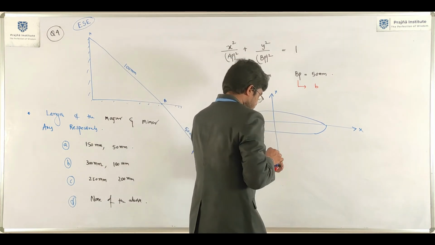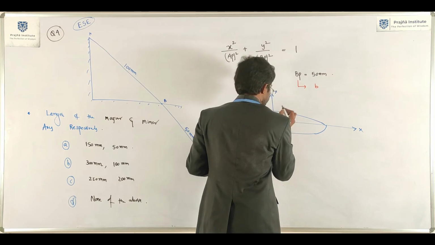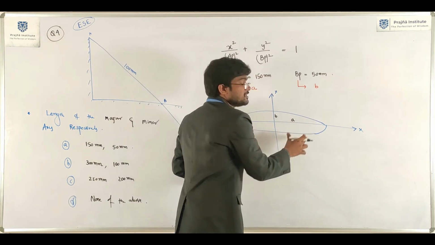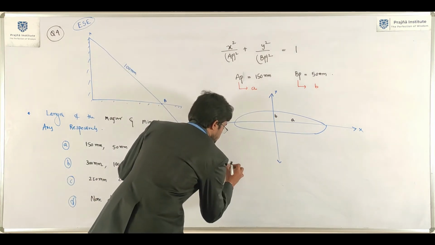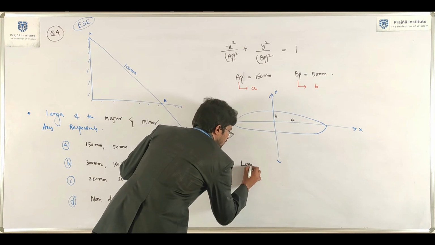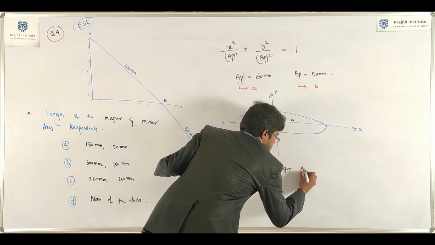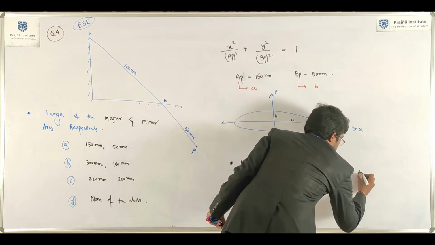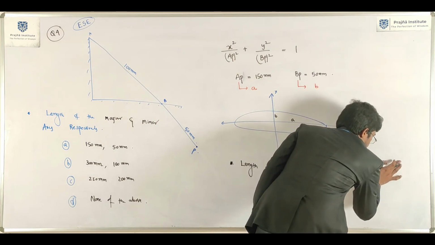Here it is A and then B. That means A is the length of the semi-major axis. What is the length of the major axis? Length of the major axis equals 2A, 2 into AP equals 300 mm.